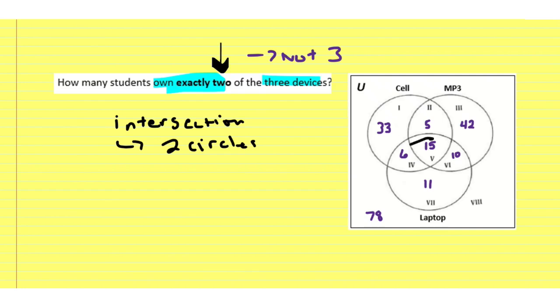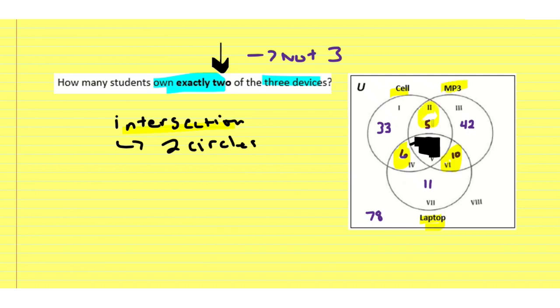This is 3. Let's go ahead and mark that out. This is not all 3, just 2. So, but it is going to be the intersection or the overlap areas. So this right here is an overlap area between the cell phone and the laptop. And this is the overlap area between the laptop and the MP3.